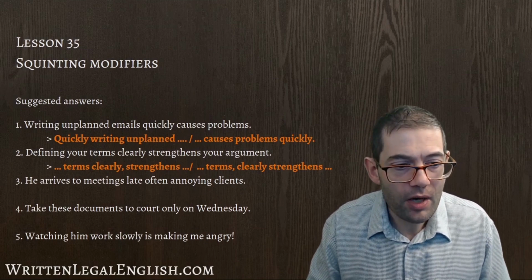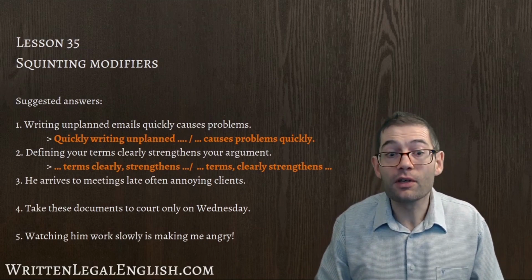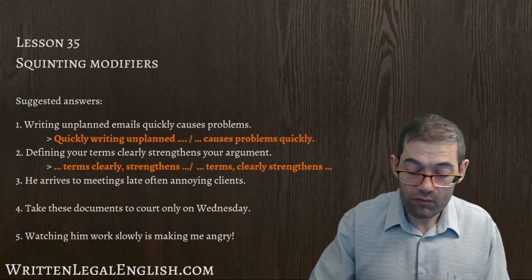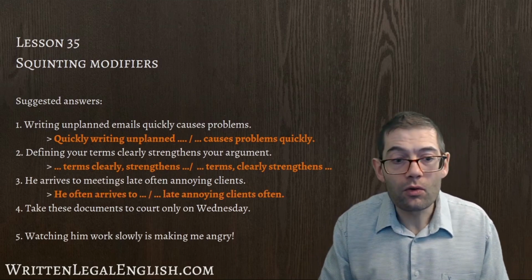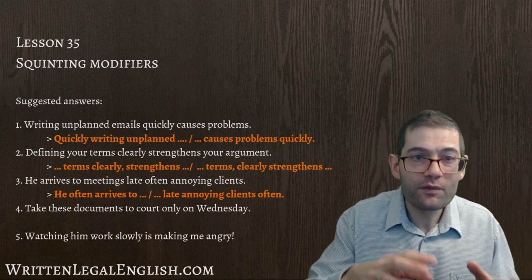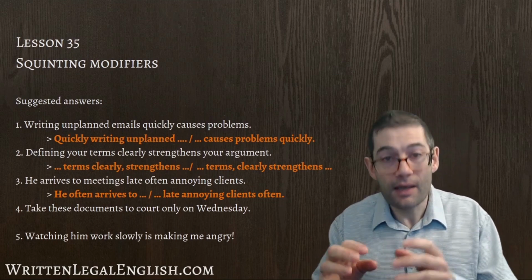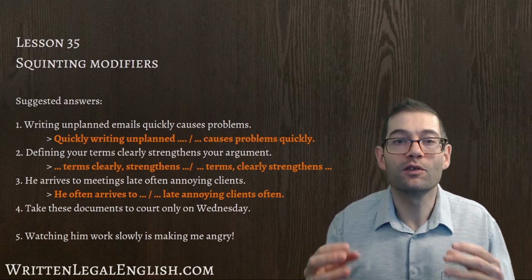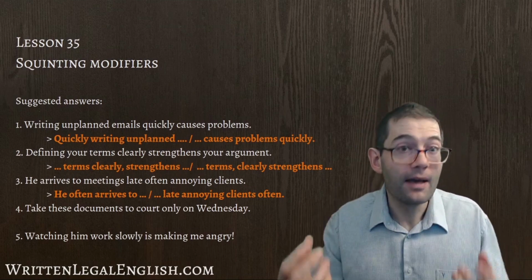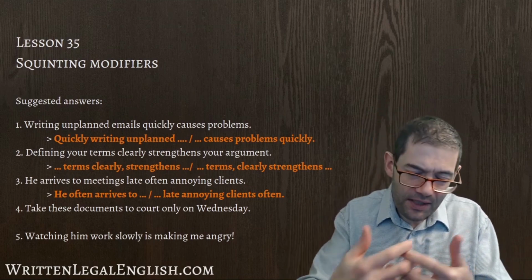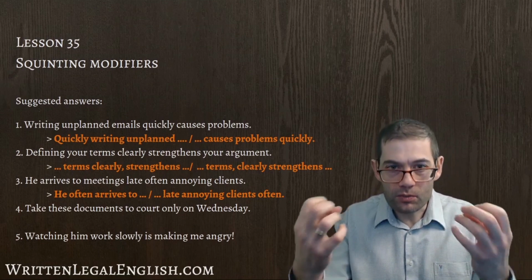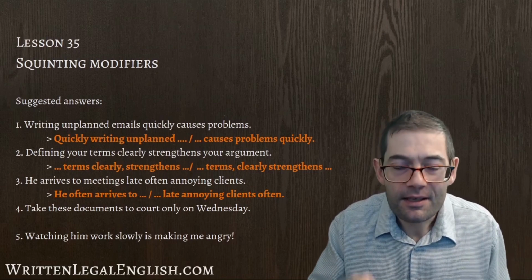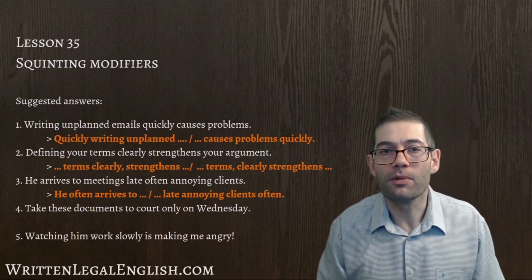Number 3, he arrives to meetings late, often annoying clients. So he often arrives to meetings late, or that he arrives to meetings late, annoying clients often. So here we've got two different messages. And here, I think, as I said a few seconds ago, redrafting and putting the modifier towards one of the ends is the way to solve the problem.